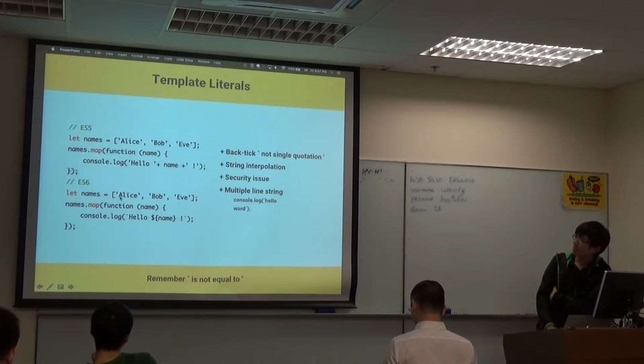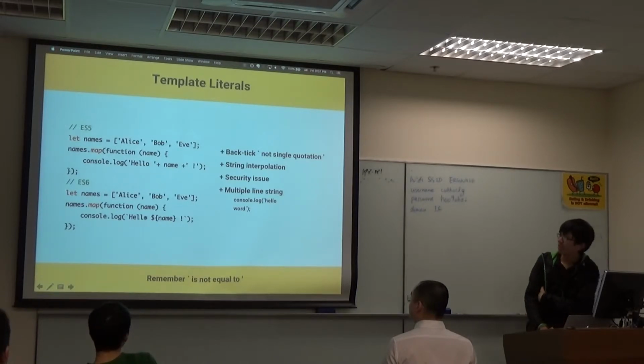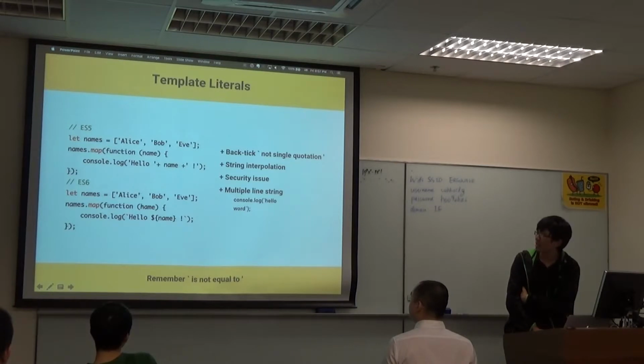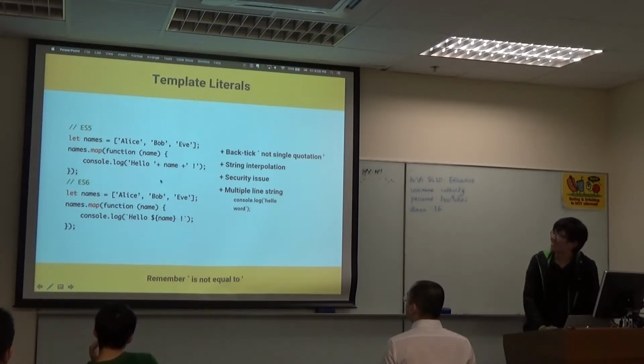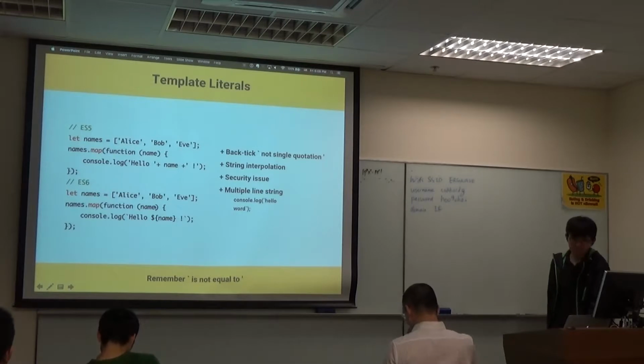Name is an array: Alice, Bob, and if. We use a template, hello, dollar sign, bracket name. So the output is hello Alice, hello Bob, and hello if. What we do in ES5, we have to use quotation mark and plus and quotation mark. So here is much simpler.